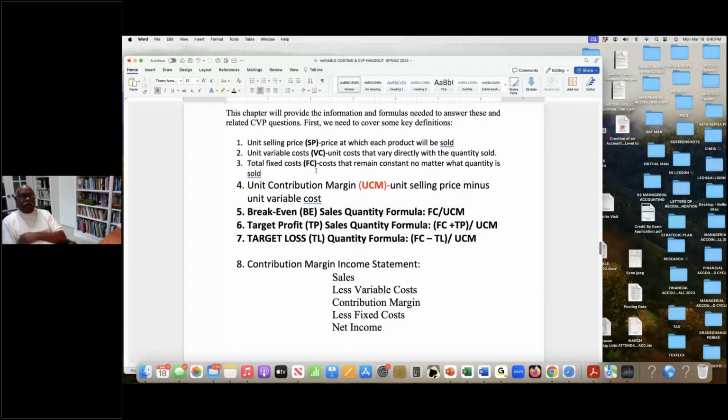We have this UCM, your unit contribution margin, and we're going to calculate that by subtracting the variable cost from the selling price. So I don't know if you will see this as I type it in. But we just simply subtract selling price 15 minus variable cost 5, and that's going to equal 10.